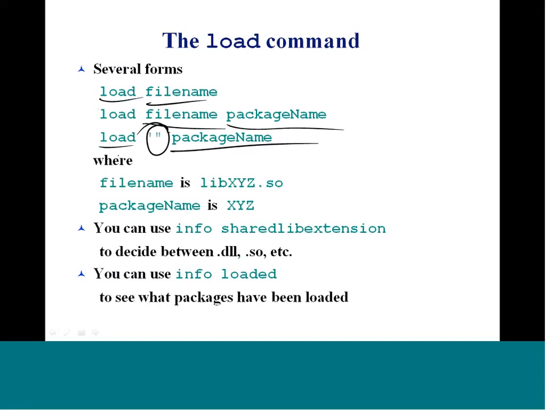The file name is any kind of shared object file, .so. The package name is just xyz. You can also use info sharedlibextension to decide between DLL, SO, etc. You can also use info loaded to see which packages are loaded in the system.